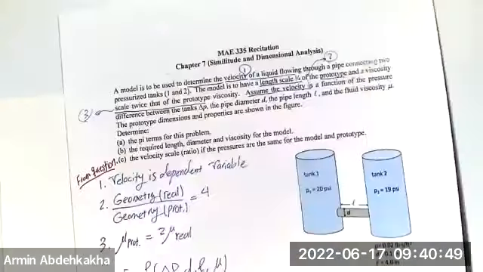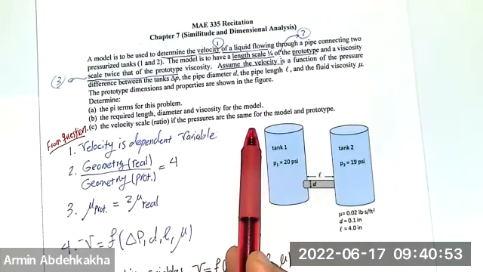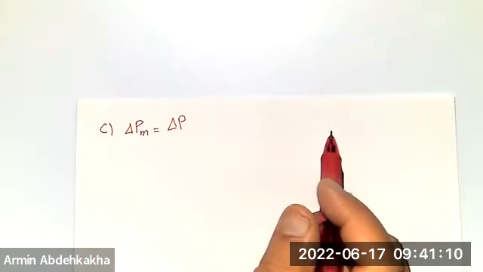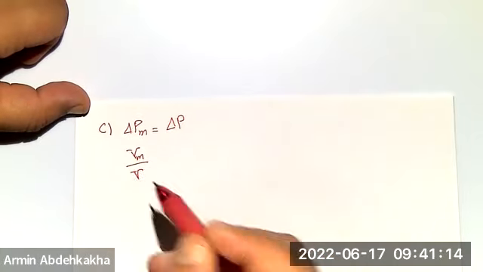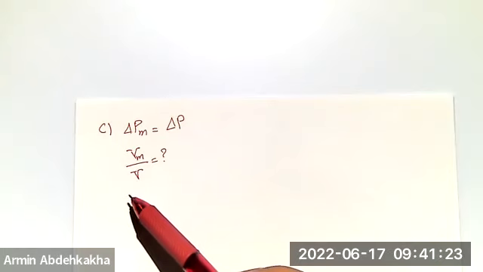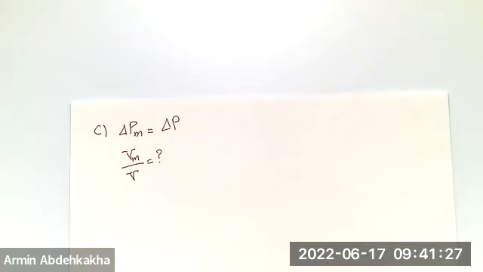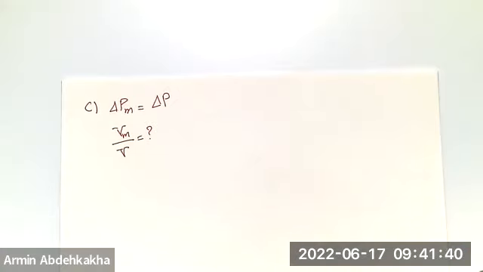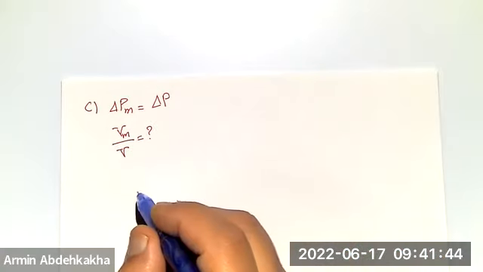This is also given in the question: if the pressures are the same for model and prototype, you can find it. So in part C, it is given that delta P of the model is equal to delta P of the real case, and it asks what is VM over V. Again, you don't know VM because you didn't start the experiment, and you also don't know V. If you knew V, you'd be happy, but you are doing the experiment to find the nature of that equation.